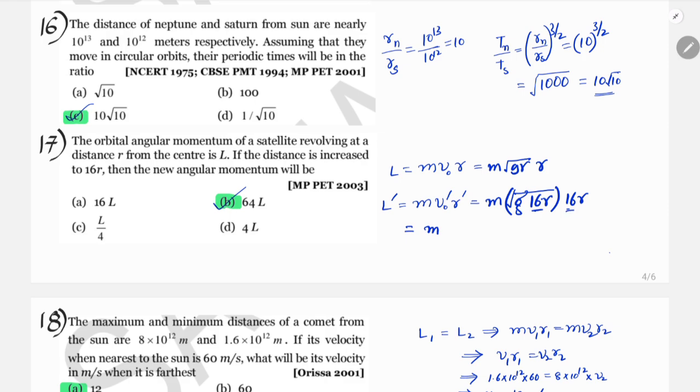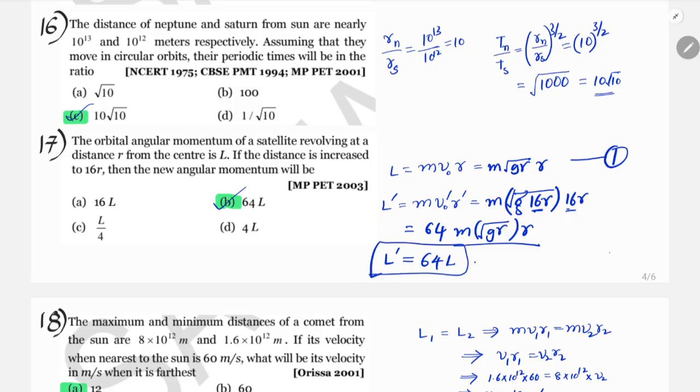This 16 is there, together 4 times 16 is 64. Now what is left? Root of G is there under the root, and outside r is also there. This is almost the initial angular momentum. So the final angular momentum is 64 times the initial angular momentum. Okay, done.